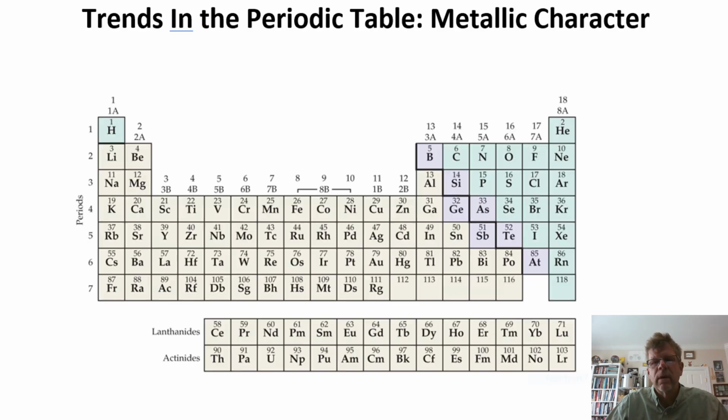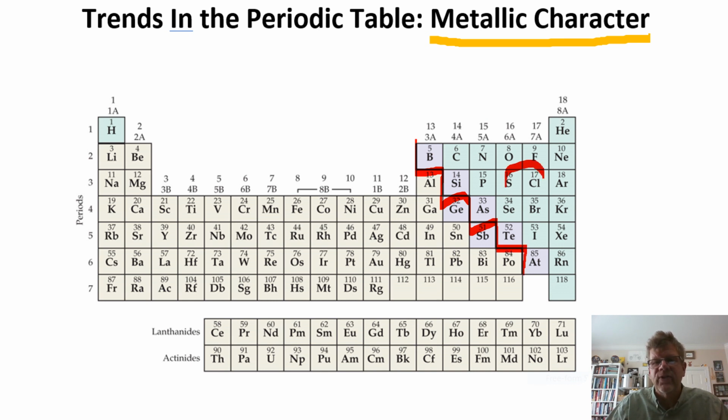So our first trend in the periodic table we are labeling as metallic character. Now, what does character ultimately mean? If you remember from a previous unit of study, the periodic table has a stair-step line, which we see right here, which separates the metals from the non-metals.